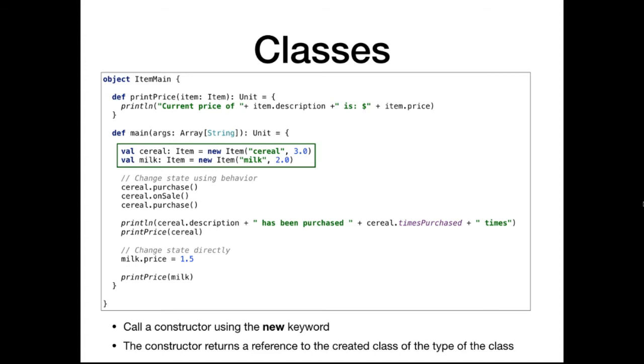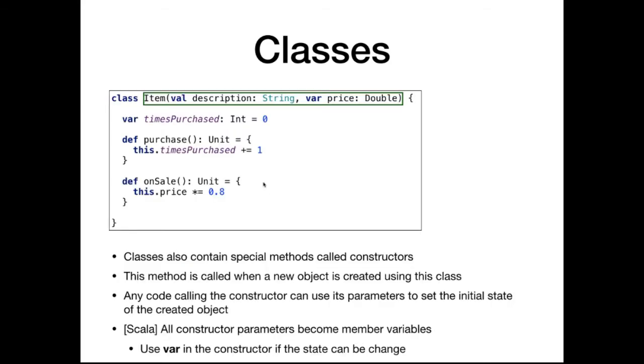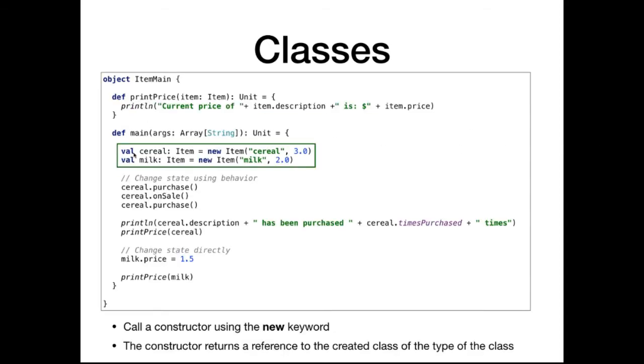So milk and cereal each have their own description, which are milk and cereal, their own price, $2 and $3, and their own times purchased variable, which are both 0 at the time of creation before we start calling purchase. Each of these objects has its own copies of all 3 of those variables.